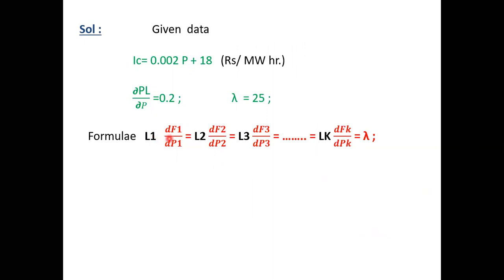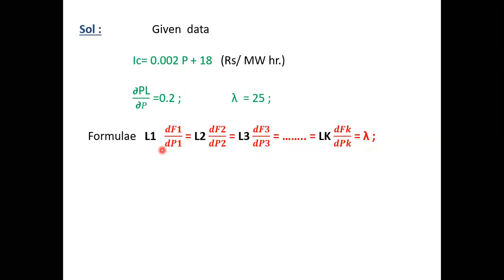That is, L1 into dF1 by dP1 equals L2 into dF2 by dP2 equals L3 into dF3 by dP3 and so on, equals lambda.